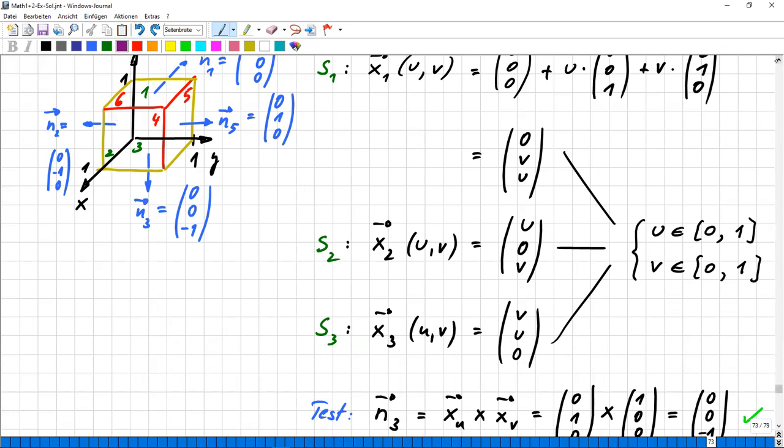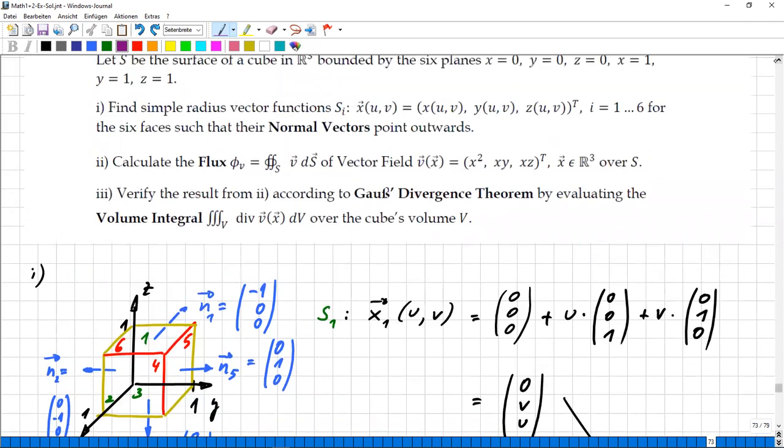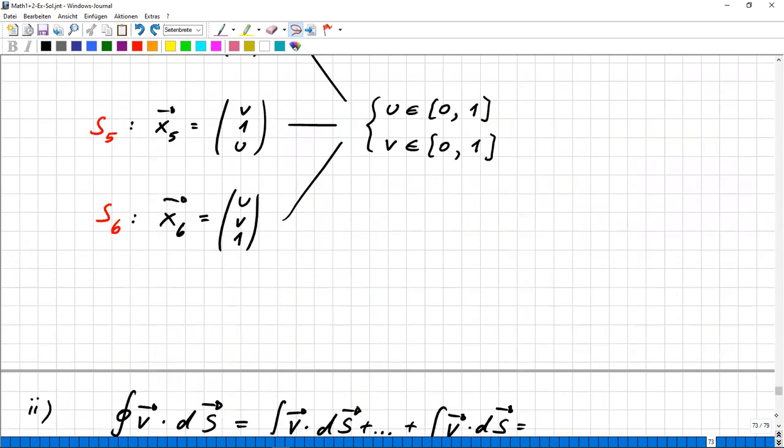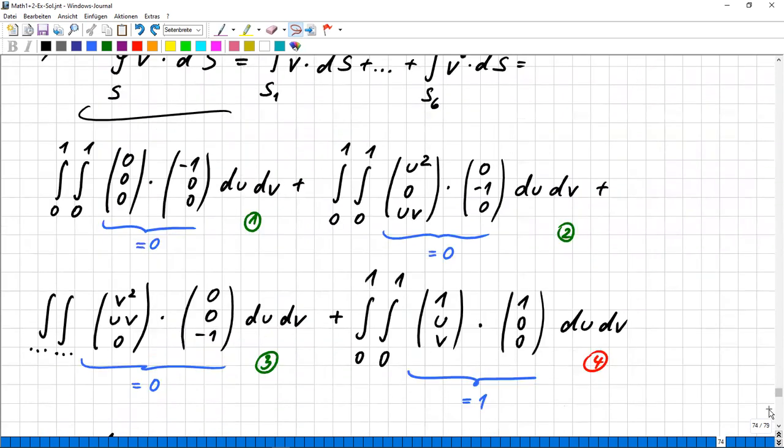Anyway, we get the vector, look here, 1 times 1 squared for x, okay, 1 squared. Then 1 times u, which is u for the second, and 1 times v, which is v for the third. It might be confusing, but 1 u v is the same for the field vector.